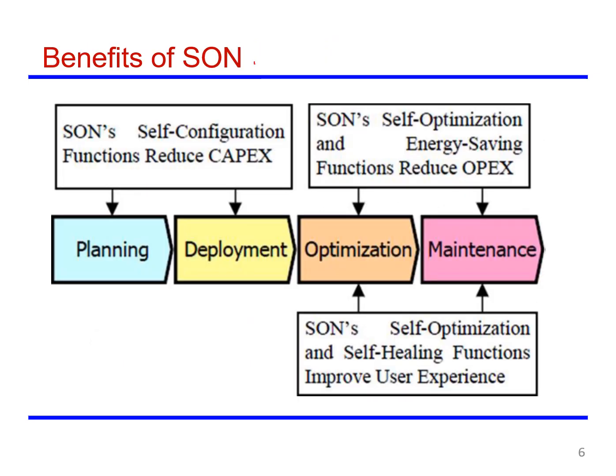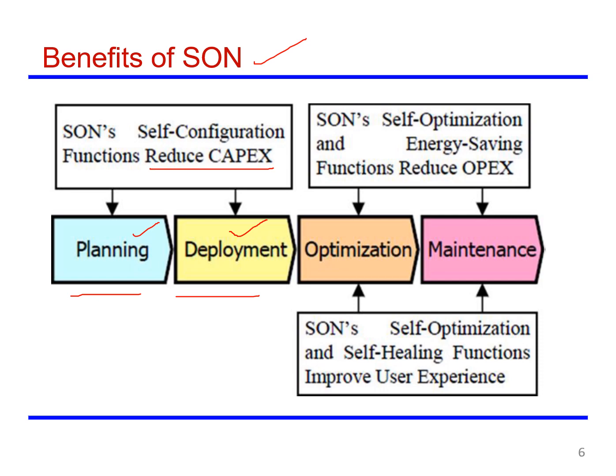So what are the benefits of SON? Just to summarize what we have discussed. So the SON tries to reduce the capital expenditure, so it will be used in planning activity and deployment activity. So initially for any service provider, planning and design and the installation is the initial activity, which requires a capital amount. Lot of investment is required.